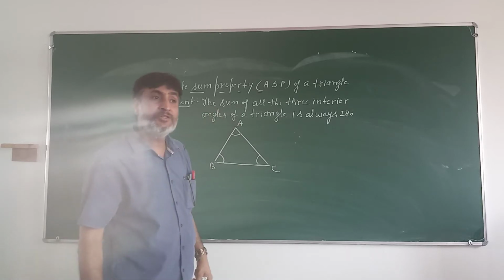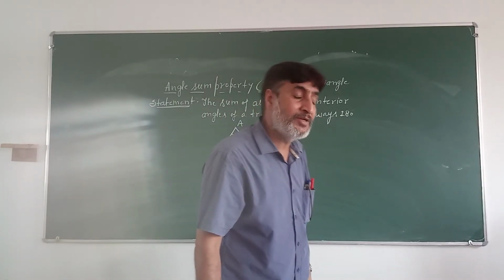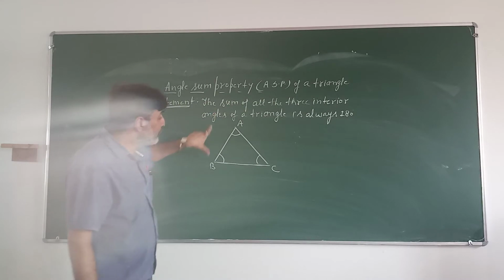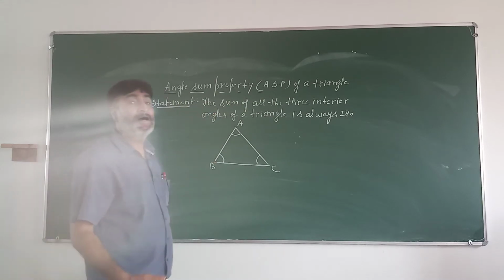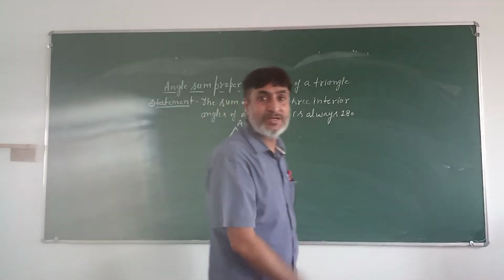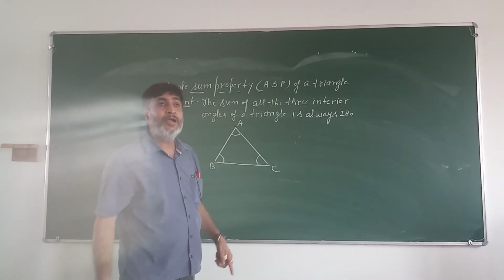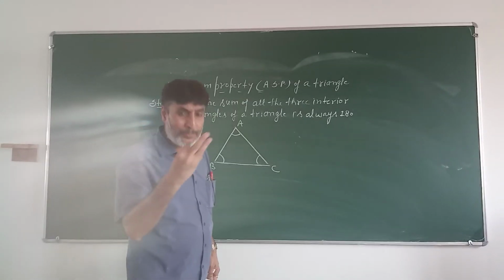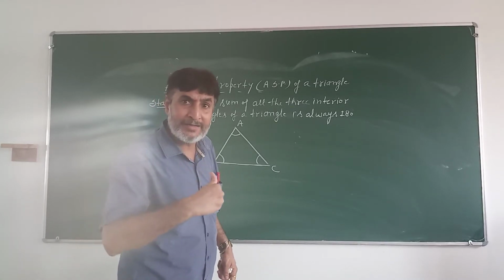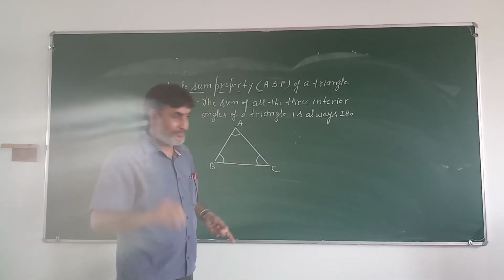The sum of all these three angles is always 180 degrees. For proving this theorem, there are four main steps, out of which three are compulsory and one step is optional. If we require it, then only we write that step.